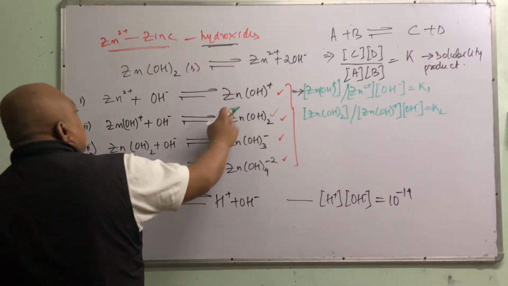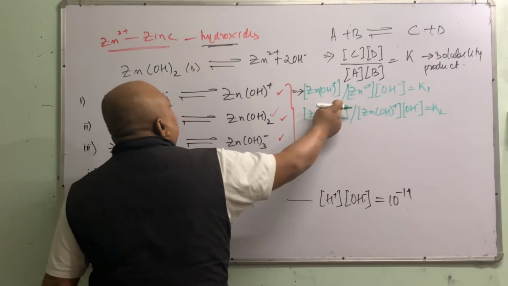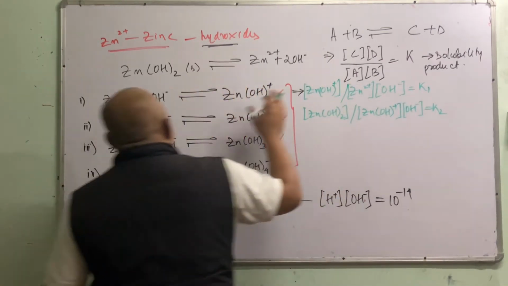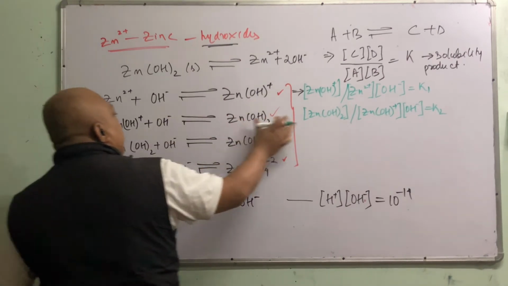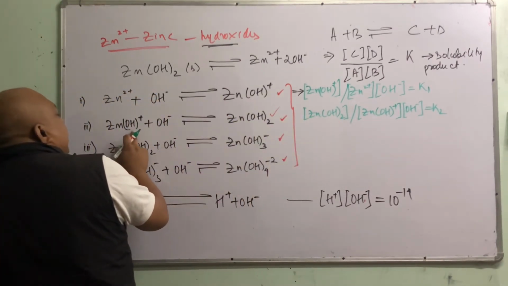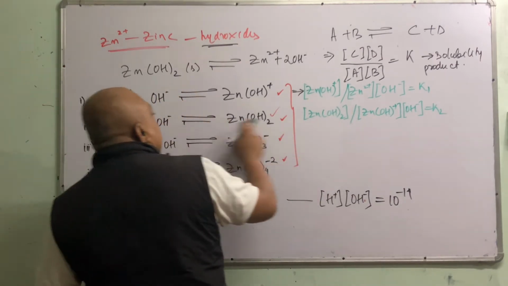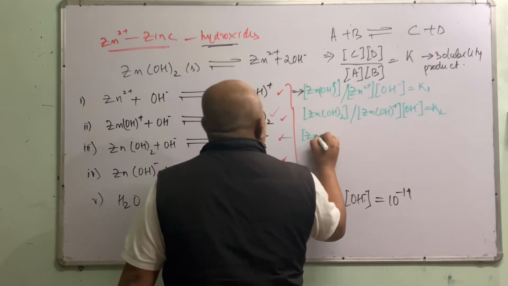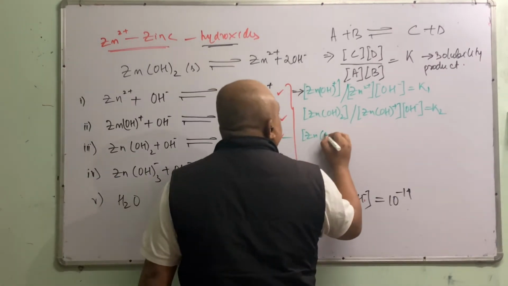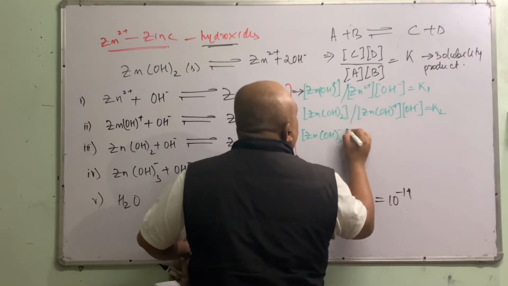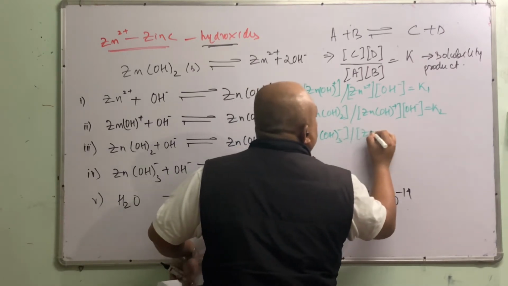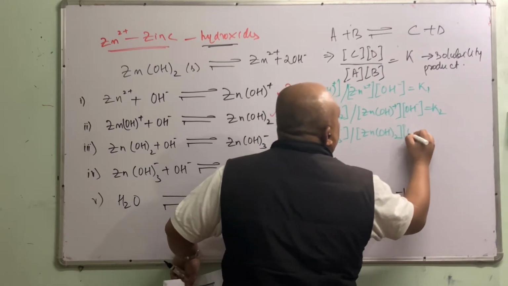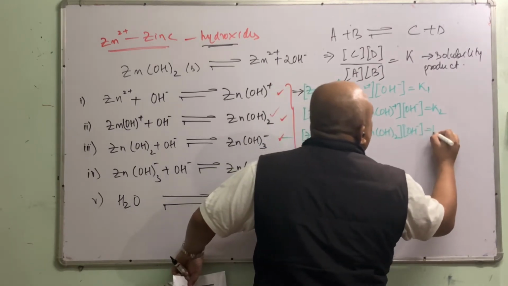Look here, ZnOH divided by Zn into OH, the product, is the solubility constant K1. Similarly, for the second equation, Zn(OH)2 divided by ZnOH plus and OH is K2. Similarly, for this equation, Zn(OH)3 minus, the product, divided by Zn(OH)2 and OH is equal to K3.